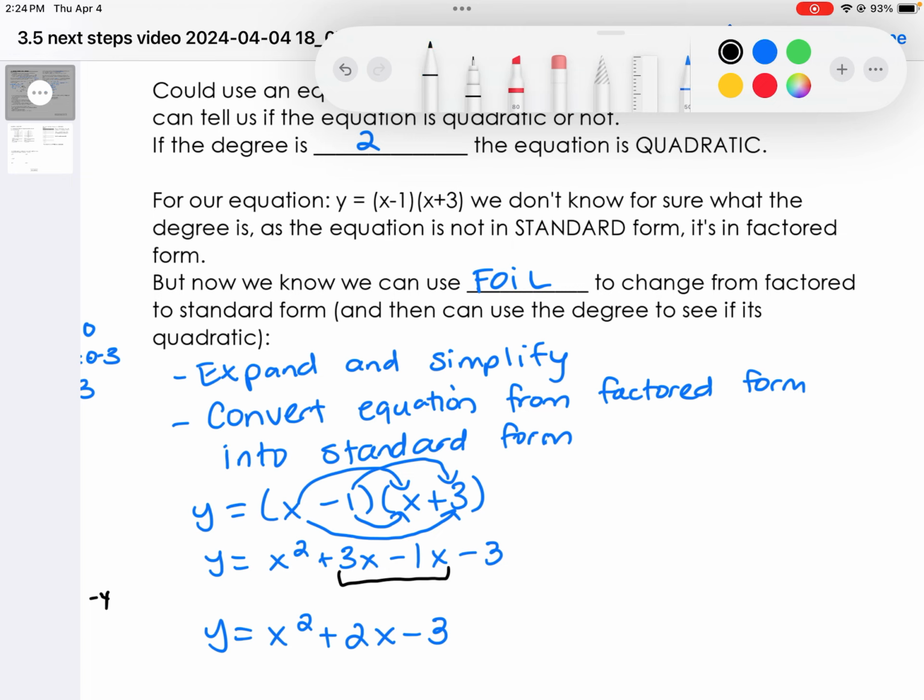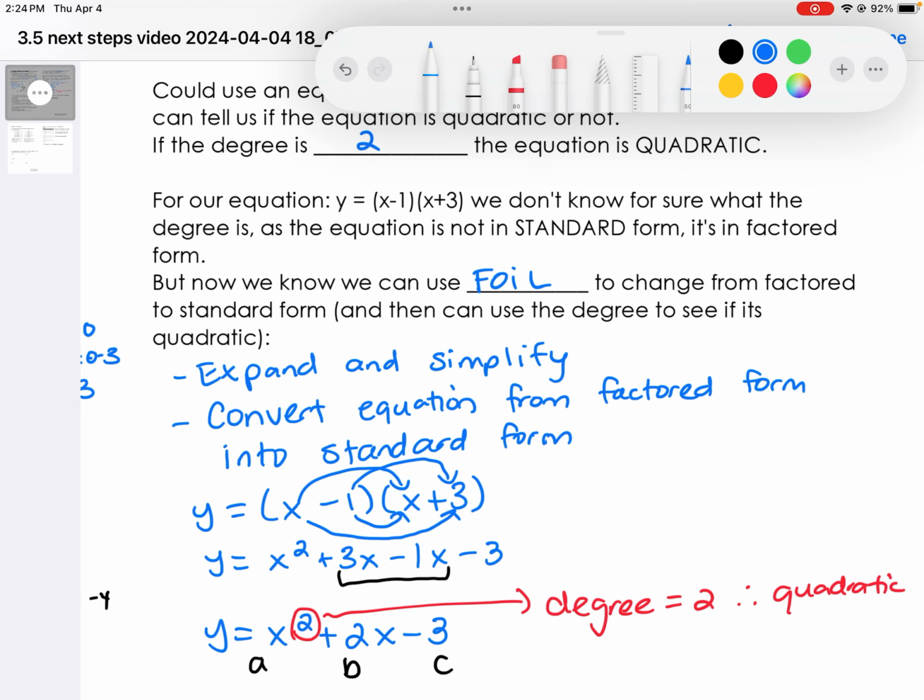We have an a value, we have a b value, and a c value. So now we can see that the degree is 2 and the equation is quadratic.